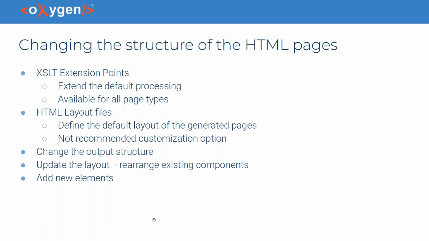You can then customize these files to determine the final layout of your HTML pages. You can change the location of certain components. You can decide to remove some of the components, and you can add additional HTML content.